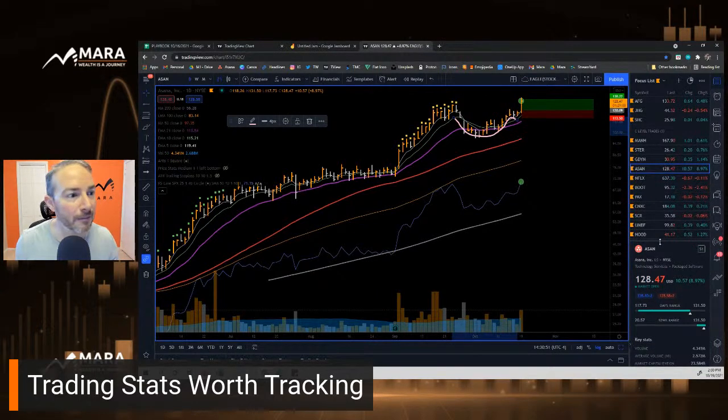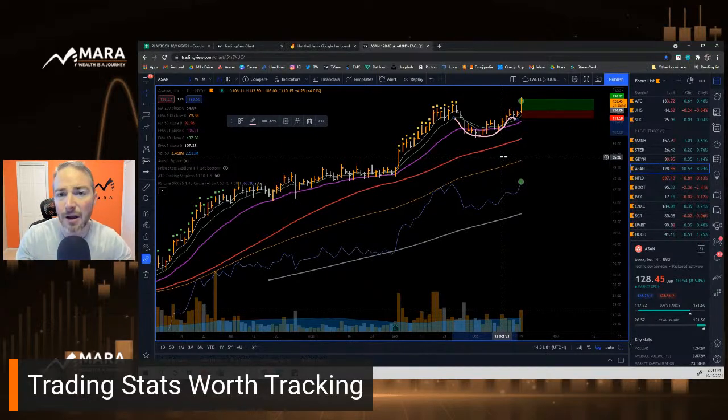People love to say it's up 9% or it's up 10 points or whatever. What's it up in terms of R? When you're thinking about your trades, thinking in terms of R multiples really helps reduce a lot of the excitement, fear, or emotions in general.